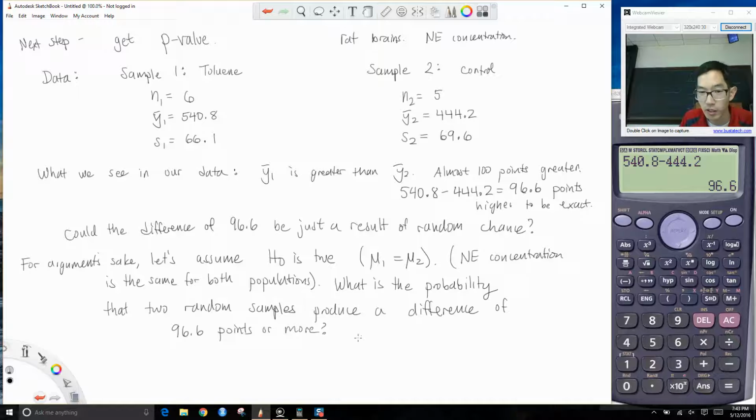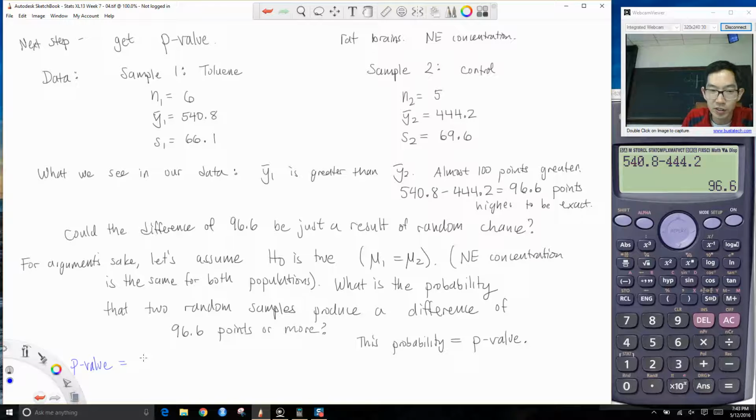Because the p-value is the probability of observing our data, or something more extreme, if we assume the null hypothesis is true. Okay, I'll write that again. It's just one of those definitions that we have to learn.